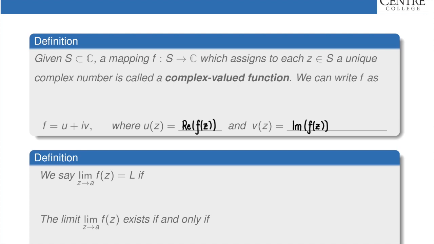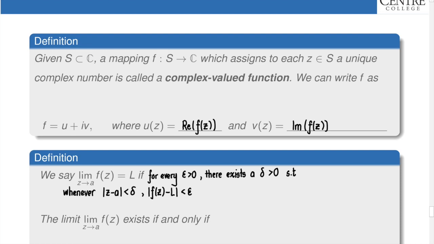We say the limit as z approaches a of f of z is equal to L if for every epsilon greater than 0, so now we can pick any epsilon, we're going to find a delta bigger than 0 such that whenever |z minus a| is less than delta, |f of z minus L| is less than epsilon.